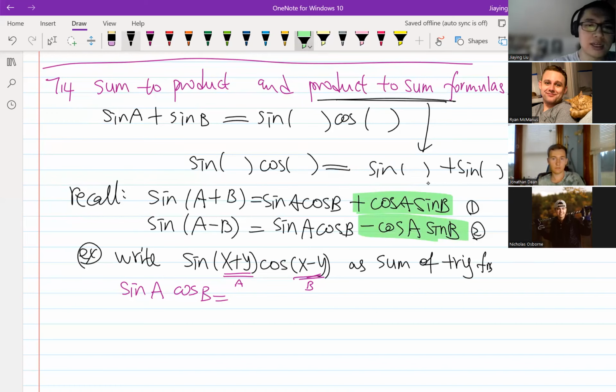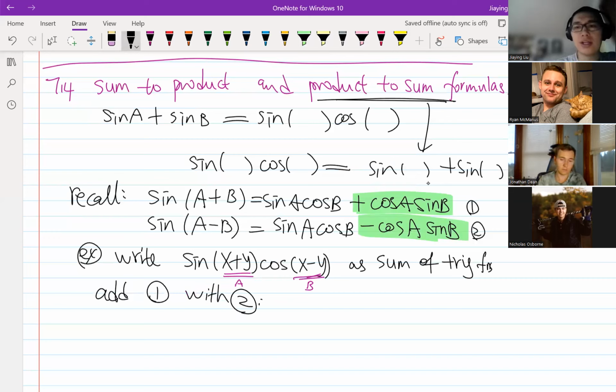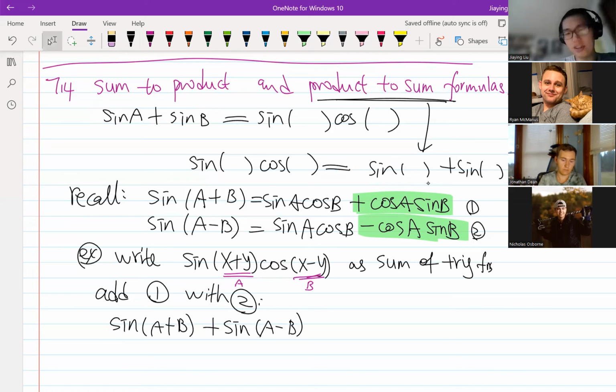We're going to add equation 1 and 2. The cosine A sine B in both parts cancel, become 0. So I get sine A plus B plus sine A minus B on the left. And on the right side, I get twice sine A cosine B when we add them.